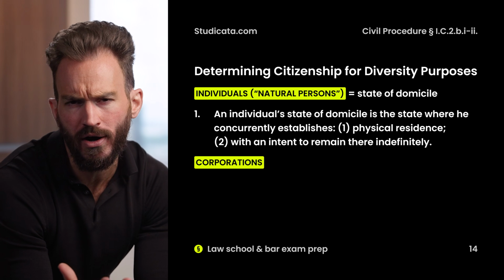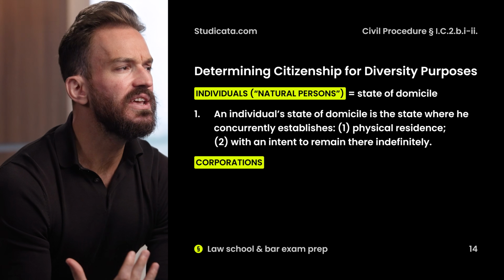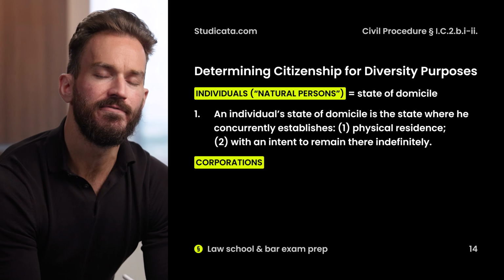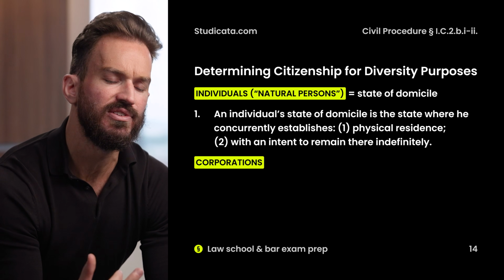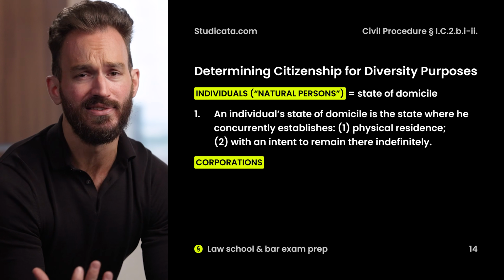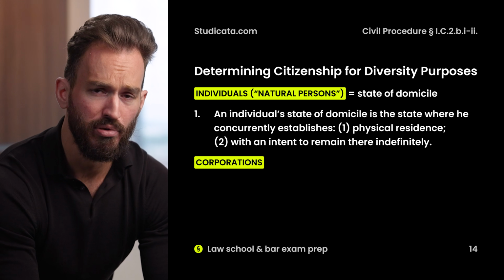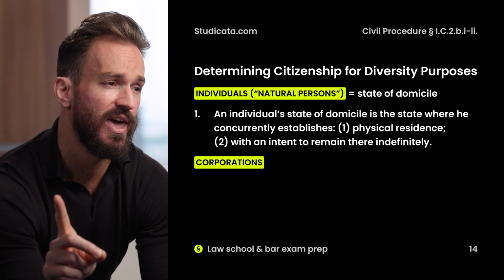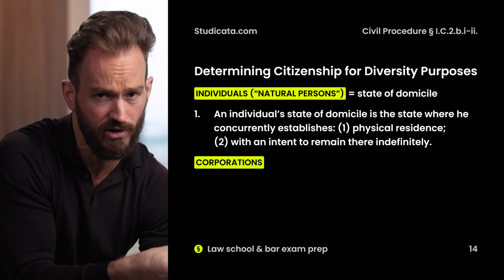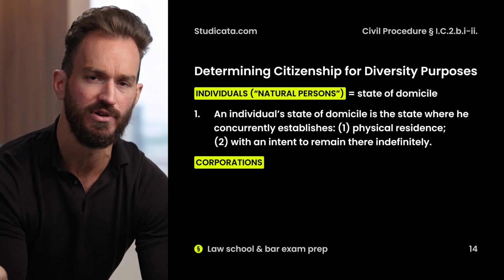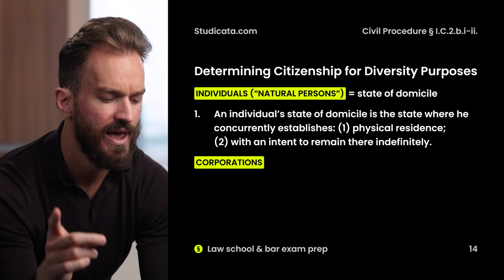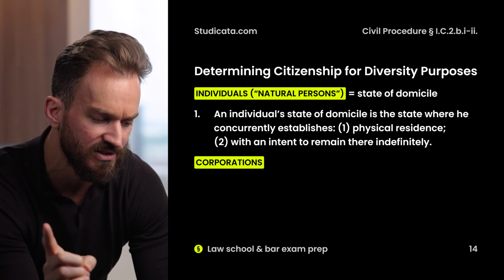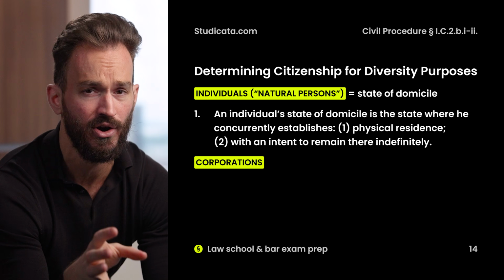Domicile, for the most part, is somewhat easy to establish on fact patterns. It's that physical residence with an intent to remain there indefinitely. It's basically where a person lives. Important to note here, a person can only have one domicile at a time. You can't have a domicile for diversity purposes in 10 different states. You only get one. It's the place where a person concurrently establishes physical residence with the intent to remain there indefinitely.